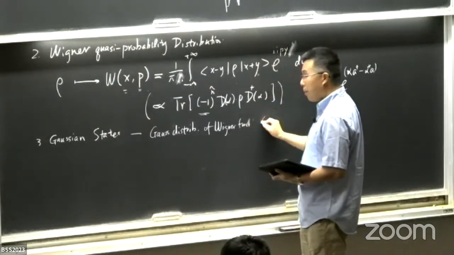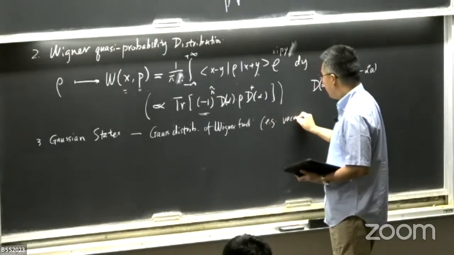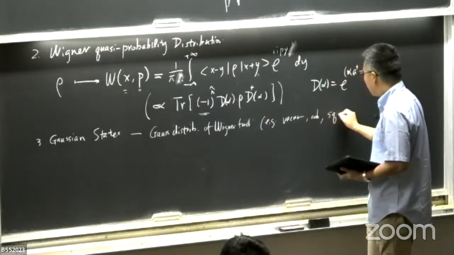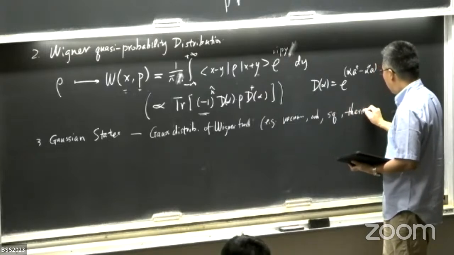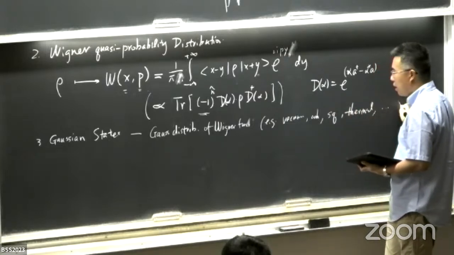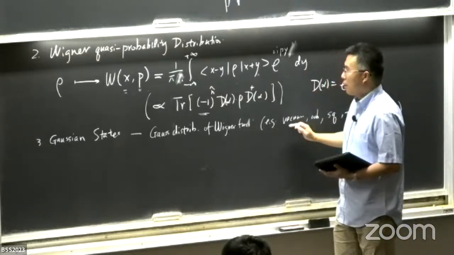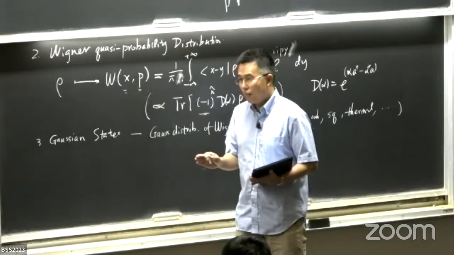So the examples of Gaussian states are well known, which include vacuum or coherent states or squeezed states or even thermal states.